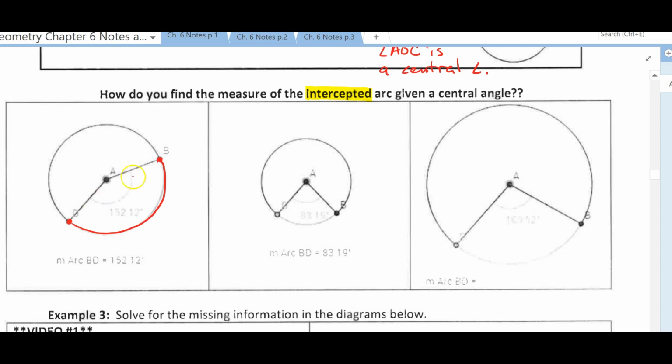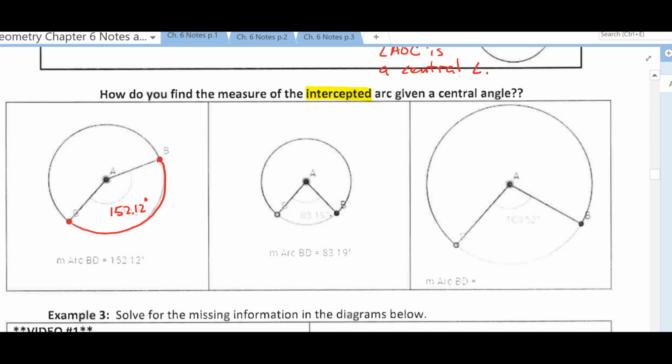So since the central angle is 152.12, the measure of the arc is also 152.12. In case you can't read those on your handout, it's 152.12. And then over here I can see that the measure of the arc is 83.19. So the measure of the central angle is also 83.19.